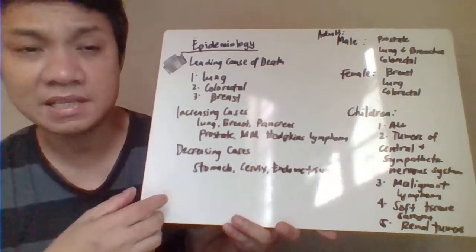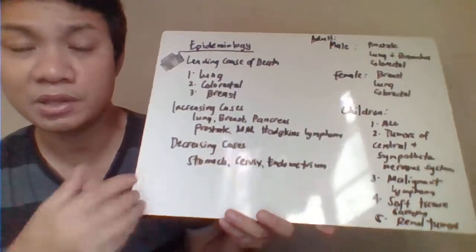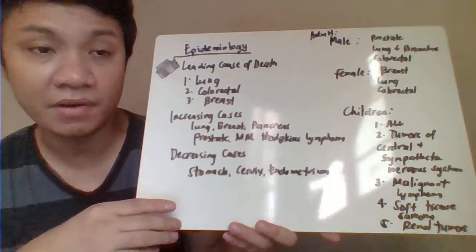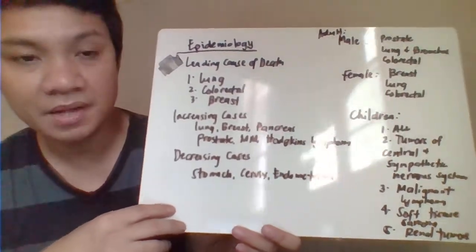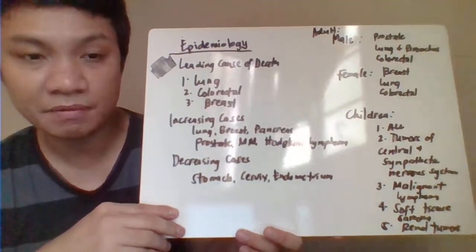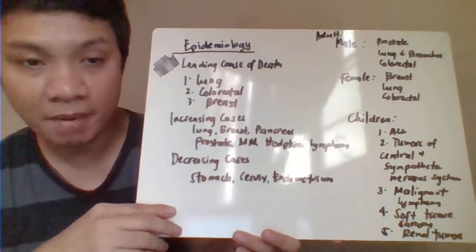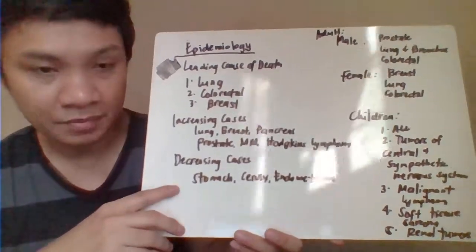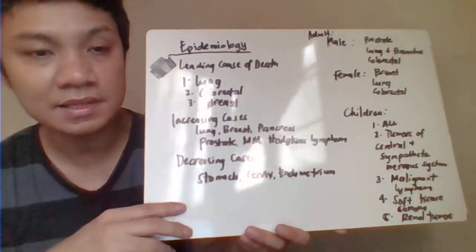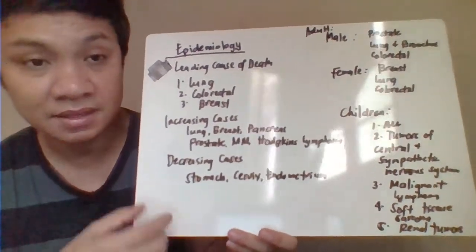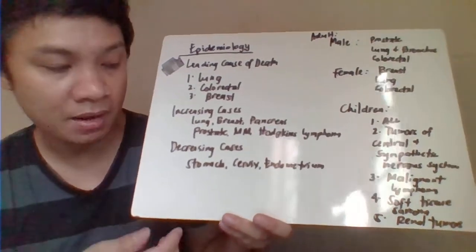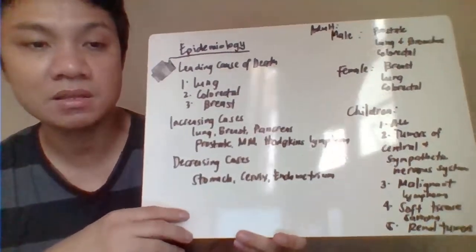Until now, it still is prevalent in terms of the problem with this type of cancer. Number one, we have the lungs. We have also your breast, the pancreas, cancer of the prostate, multiple myeloma, and Hodgkin lymphoma. As of today, we have the decreasing incidence because of the development with the treatment like your vaccine. So we have your cancer of the stomach, cervix, and the endometrium.